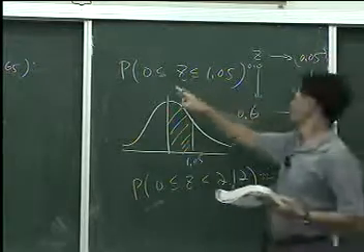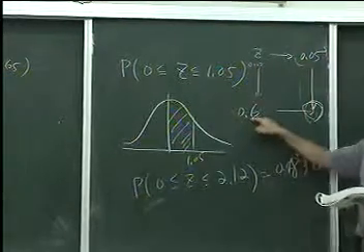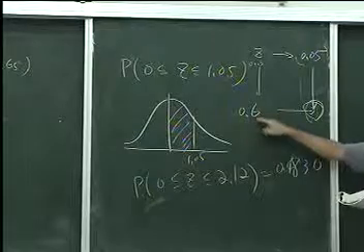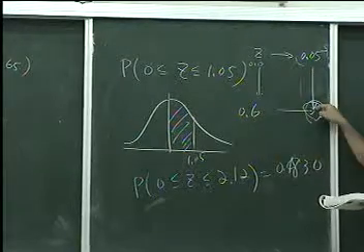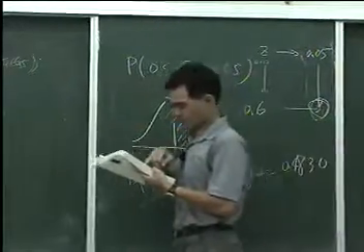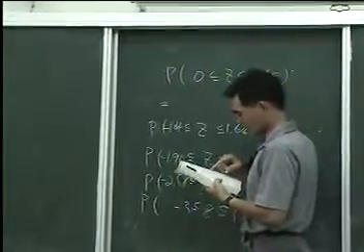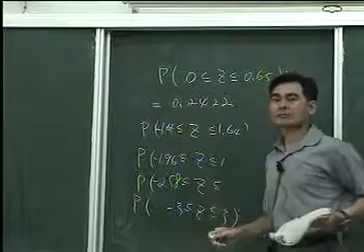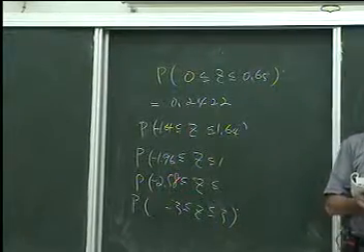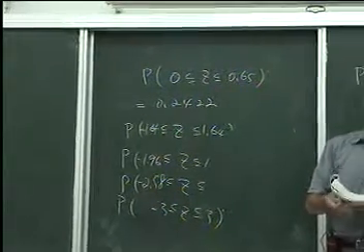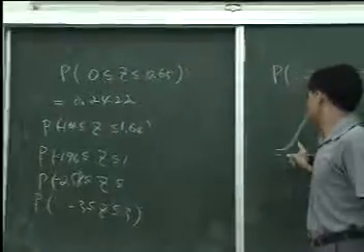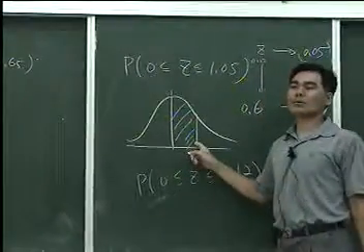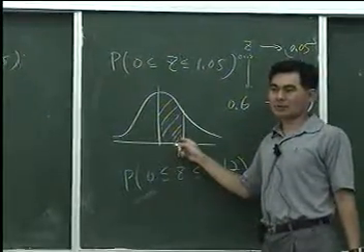Because you look at 0.6, that's the first decimal digit, and then you look at the second one. So that would be 0.2422. Any questions?